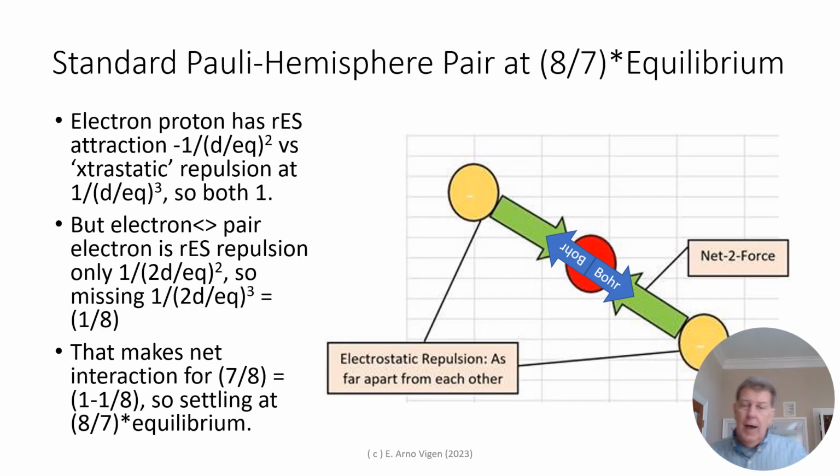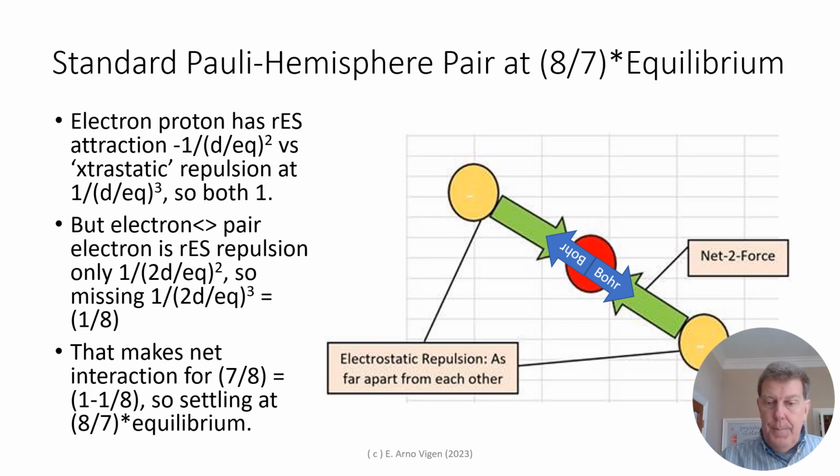Now the standard electron is always in these pairs in each hemisphere, put forward by Pauli. Basically, this electron wants to be as far away as possible from that electron. But it is balanced by 2 forces: the radial electrostatic attraction at 1 over distance squared, and that extrastatic repulsion, which basically pushes it back out to the Bohr radius.